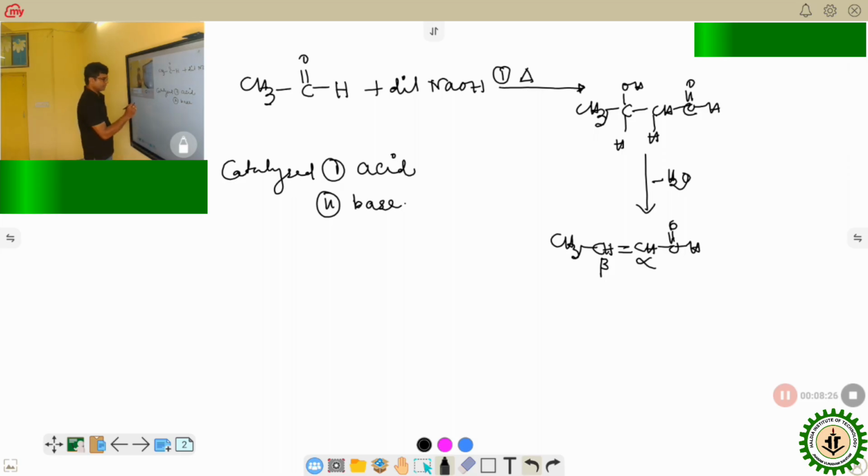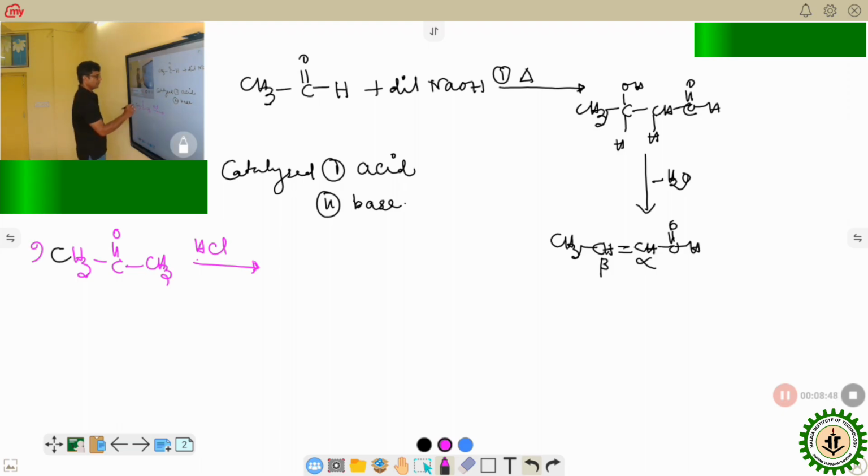So let us take an example. Say this ketone, and if it is treated with HCl, that is acid catalyzed reaction.